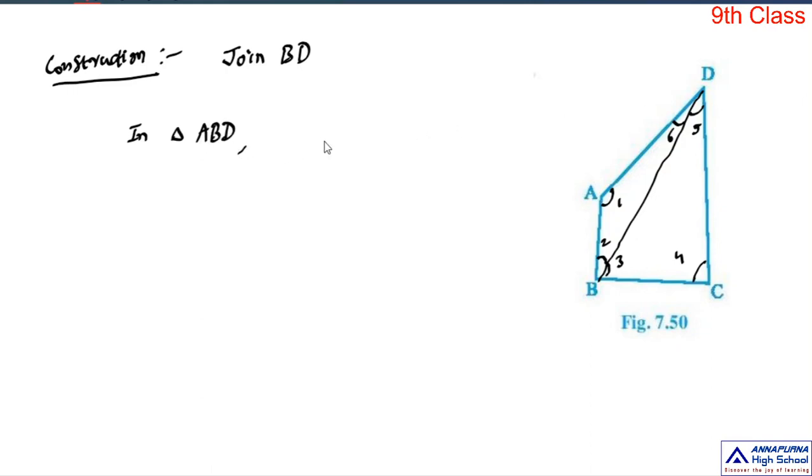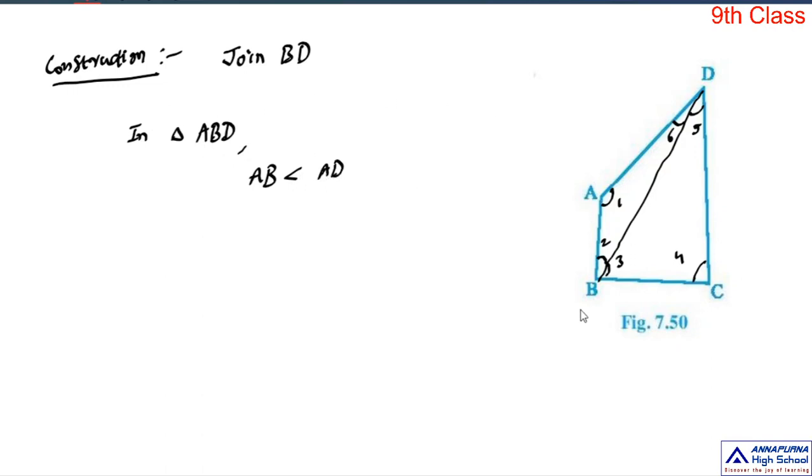In triangle ABD, AB is the smallest side of quadrilateral ABCD, so AB is the smallest side of triangle ABD. So AB is less than AD.